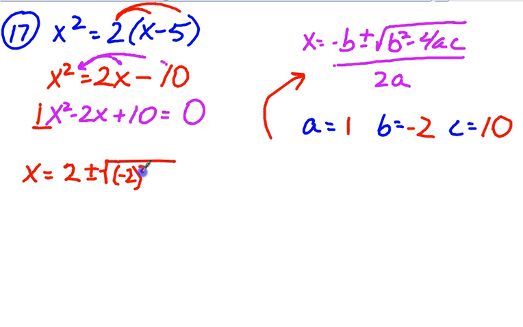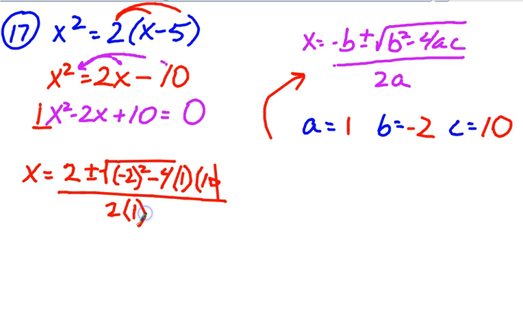Notice I'm putting that in parentheses every time. You need to do it also. Minus 4 times a times c. a is 1, c is 10, so I'm just plugging it in, times 1 times 10, all over 2 times a, which is 1 again in this case.